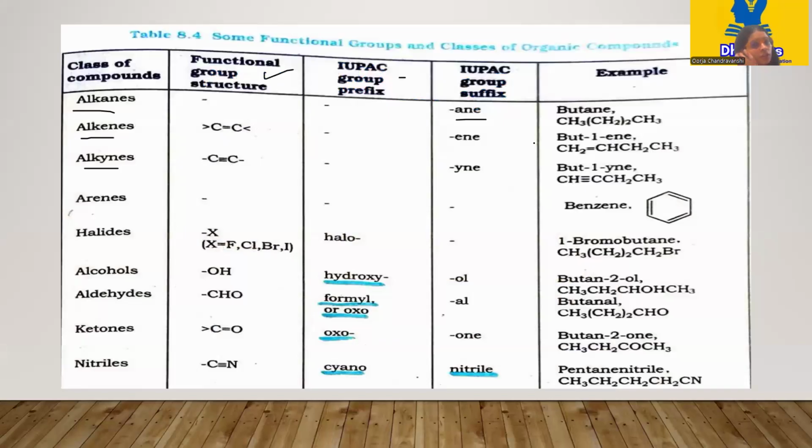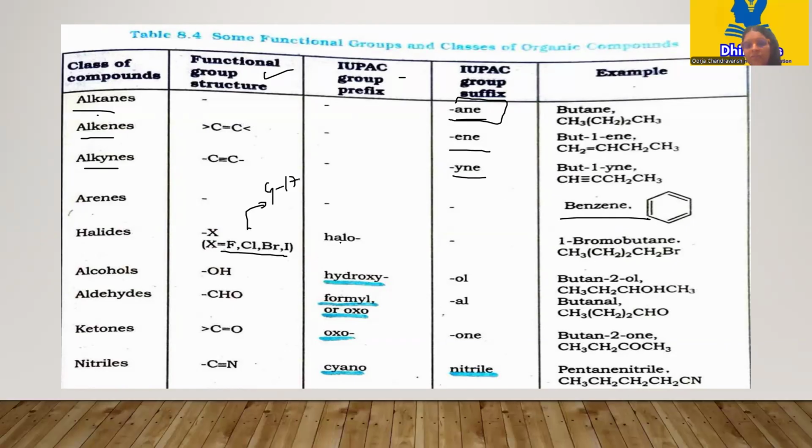So, functional group, in case I have an alkane, I know I write AN. Alkenes, EN. Alkynes would be YNE. Arenes are benzene, that is one example of it. Halides, you have all the group 17 elements. What are group 17 elements? These are called halogens.